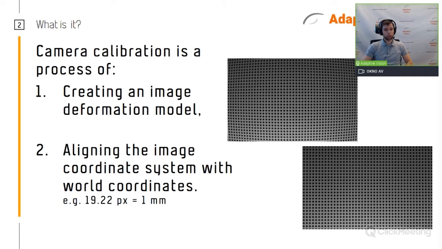Another task related to the calibration is aligning the image coordinate system with world coordinates. We can say that image acquisition is a process of discretization of continuous objects on our scene into the limited number of elements called pixels.